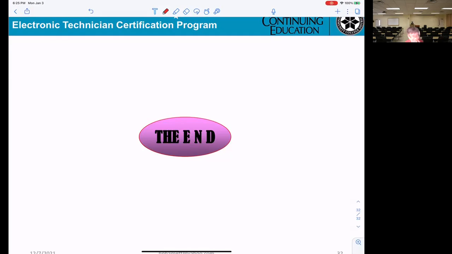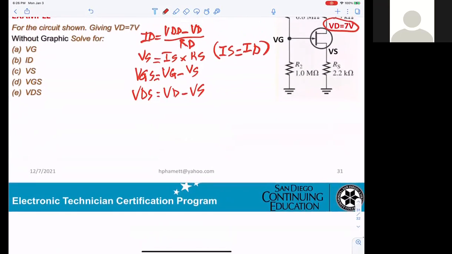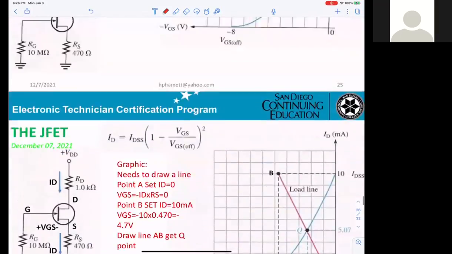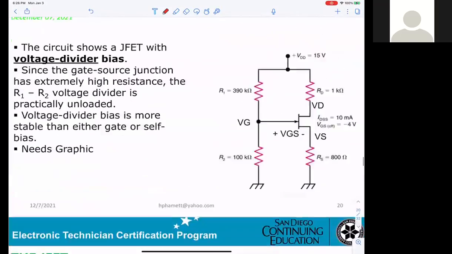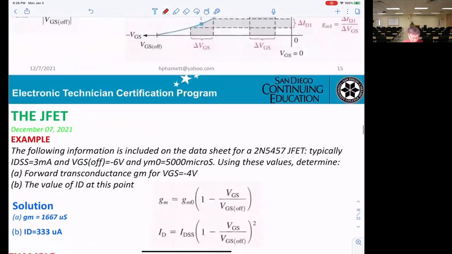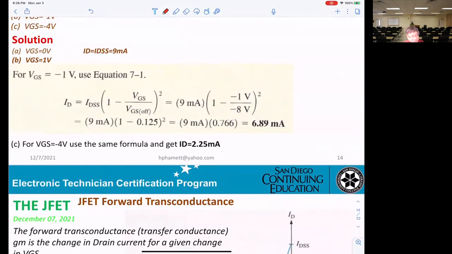Okay, now how come you said on device? Because of the current. The thing is, if you get an interview with me, I will ask you that first: is it an on or off device for the JFET?